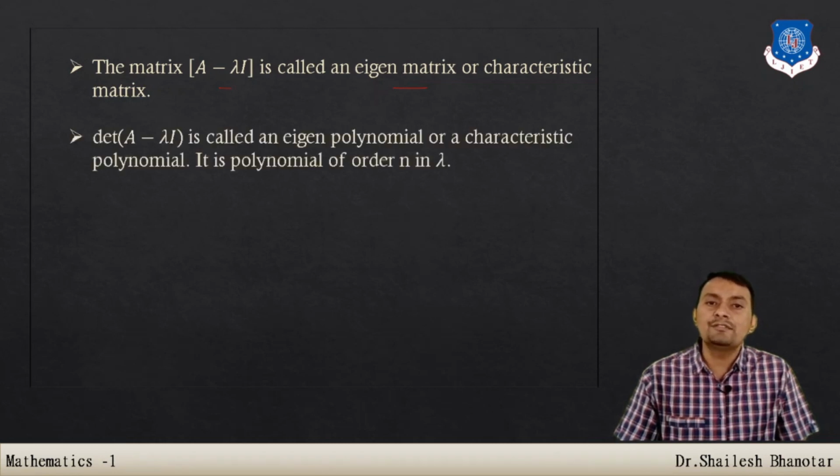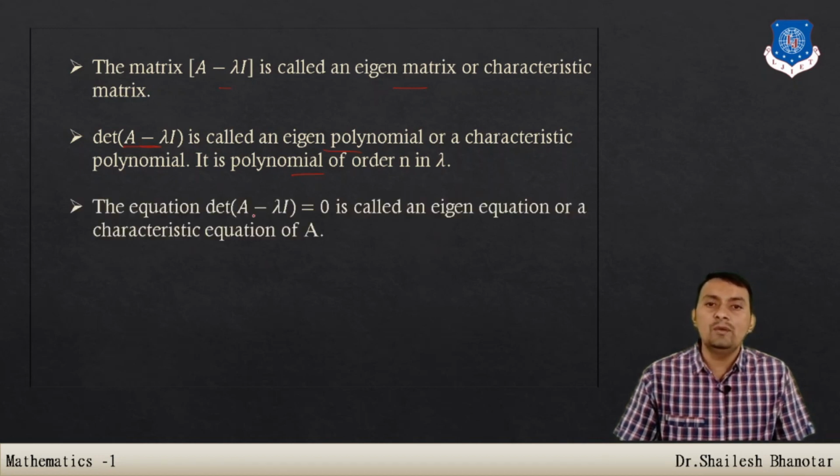Its determinant, determinant of A minus lambda I, is known as the eigen polynomial, or the characteristic polynomial, a polynomial of order n in lambda. That means this determinant will be in terms of lambda, and that is the characteristic polynomial in lambda.